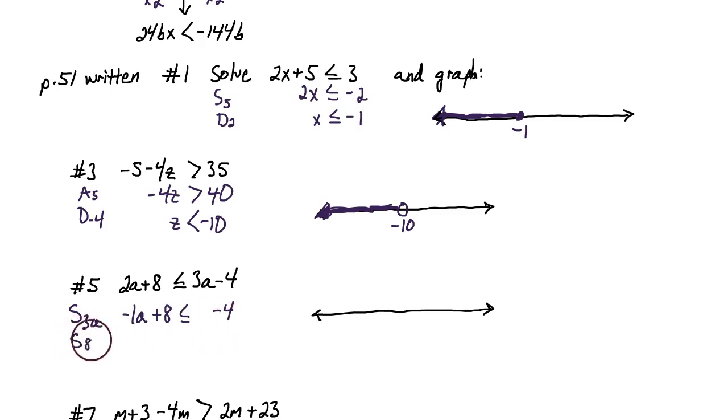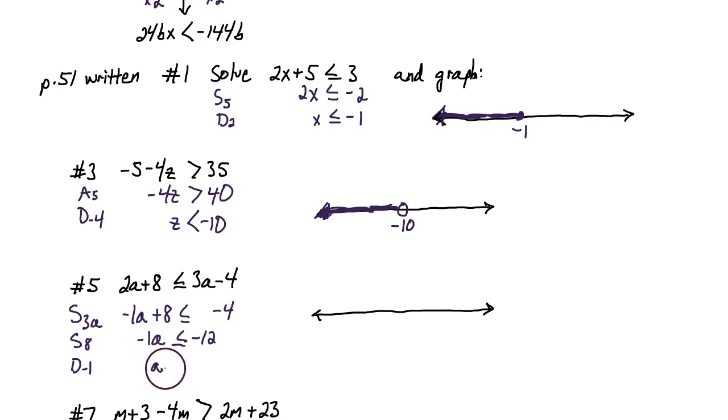Now subtract the 8 from both sides. So we have our negative 1a is less than or equal to negative 12, because negative 4 subtract 8 makes negative 12. Finally, let's divide both sides by negative 1 to remove the coefficient in front of a.